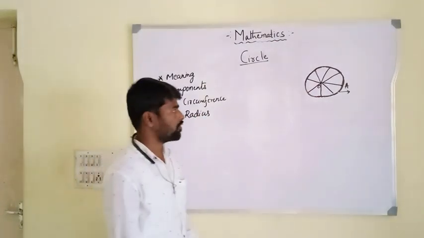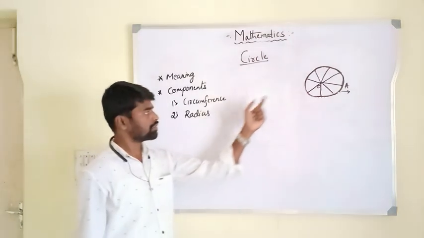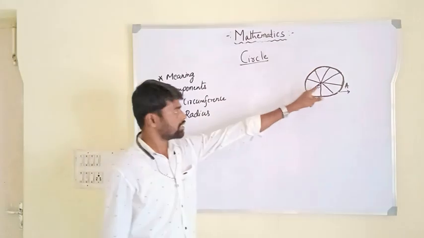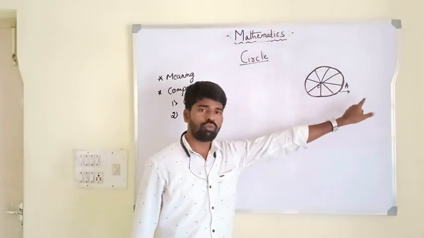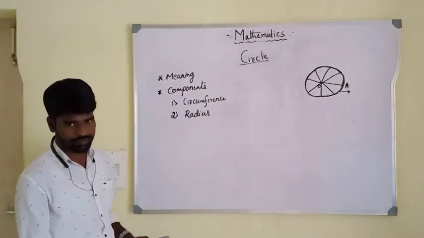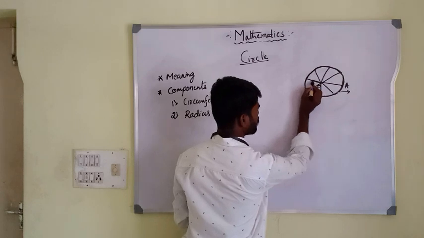What is meant by radius? Radius is the distance, that is a line segment, the distance between center and a point on the circle. Understood? That is radius.